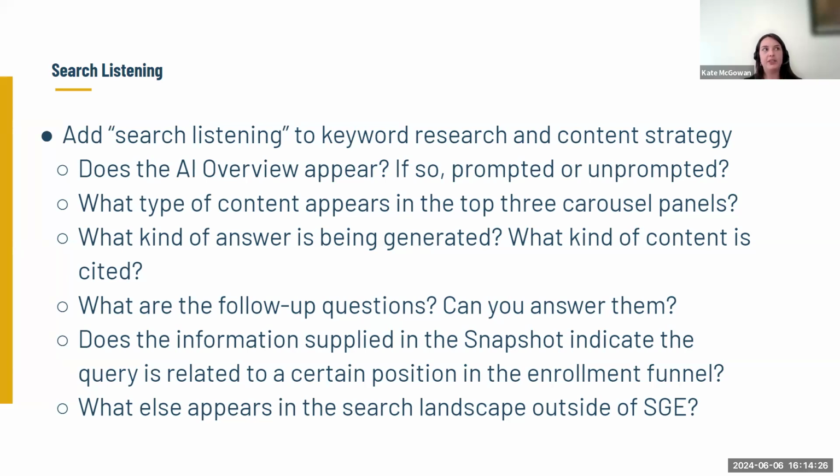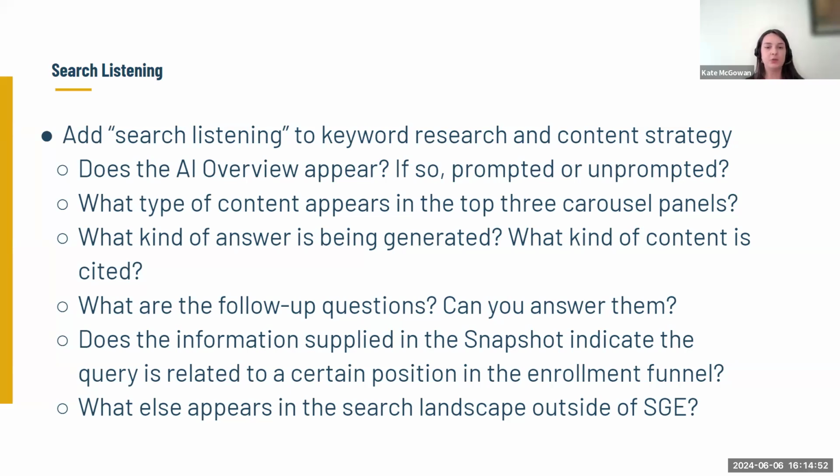So things that you can ask yourself by going to Google, searching the keyword that you're looking at, or searching your degree, searching your school, going to Google and reviewing the follow-up questions in the AI search bar. You can review the people also ask and the existing search features, and reviewing the results overall to see what is relevant to that search.